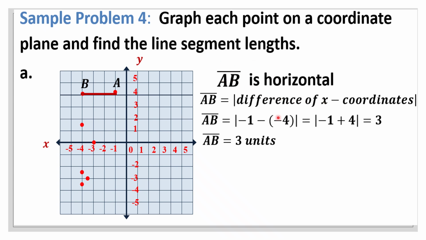AB is horizontal, so we get the difference of the x coordinates. We have negative 1 minus negative 4, that is negative 1 plus 4, or 3. So there are 3 units. Your AB is equivalent to 3 units.